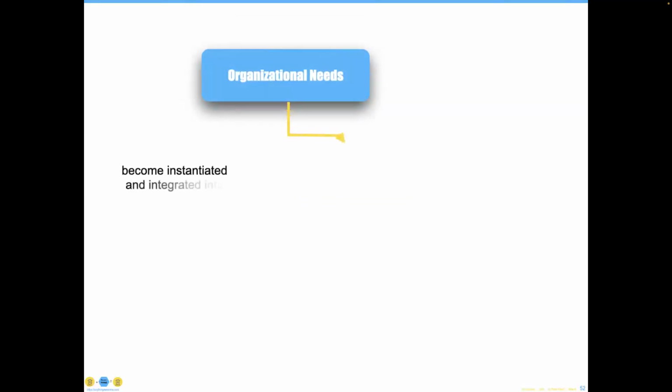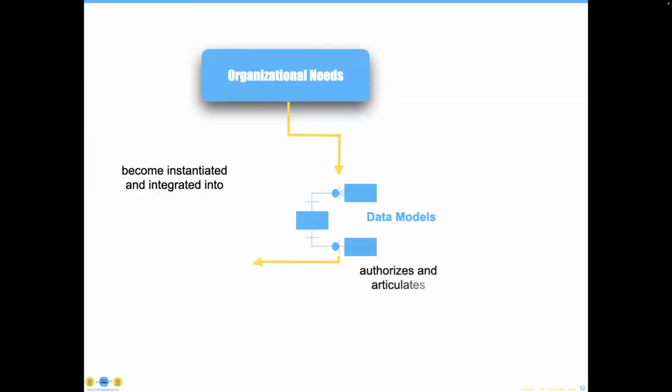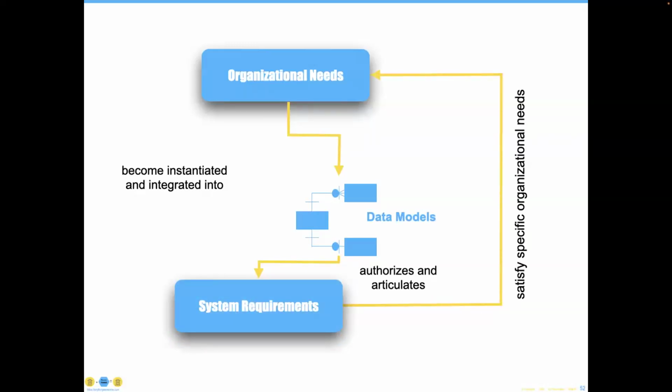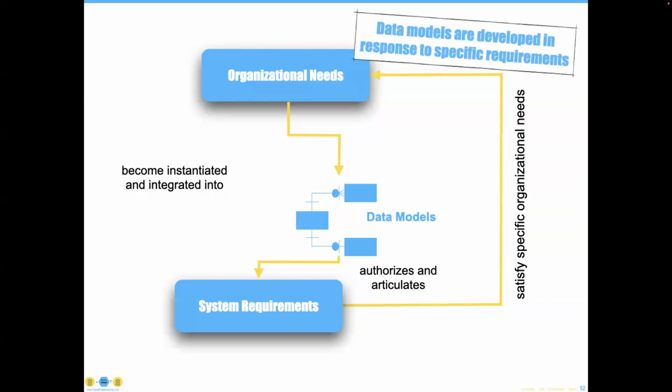We do our data modeling in response to organizational needs, and these needs become instantiated and integrated into the data models. The models then articulate and authorize system requirements that then go back and we help to reassess the organizational needs. But data modeling is an iterative process that is developed in response to specific needs, but we also need that trusted catalog in order to be able to bring that forward.